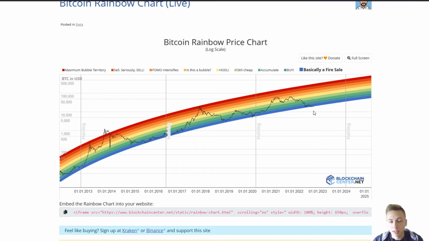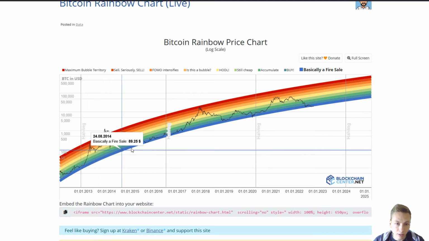But let's take a look at this chart. As you can see, right now we are touching the bottom of this blue line, which has been a support for Bitcoin price movement since 2013.